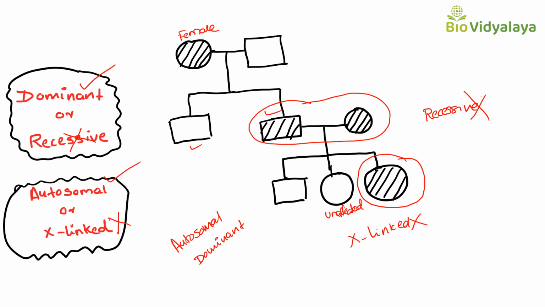Okay, so this may be heterozygous. This is also heterozygous. This may be homozygous or heterozygous. And this is recessive homozygous. Unaffected are recessive homozygous. Okay, so this is the way we can analyze pedigree.